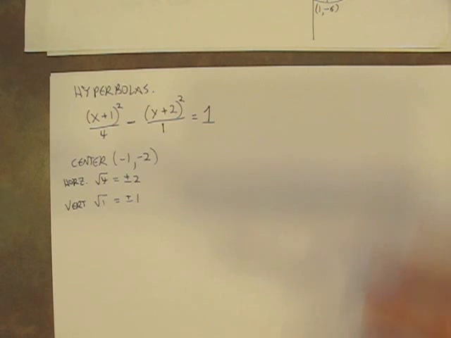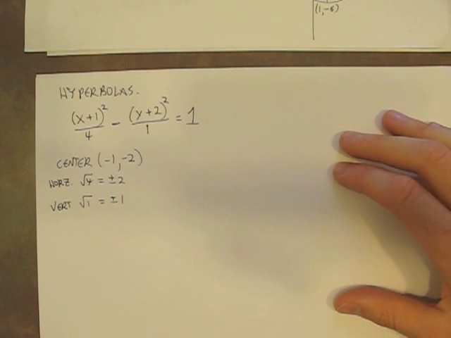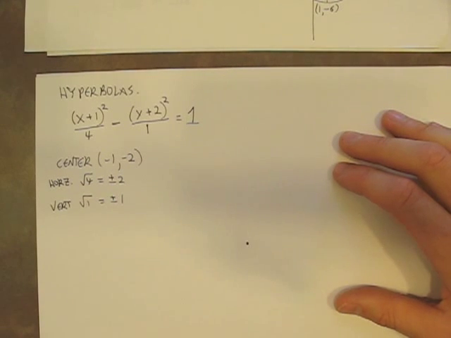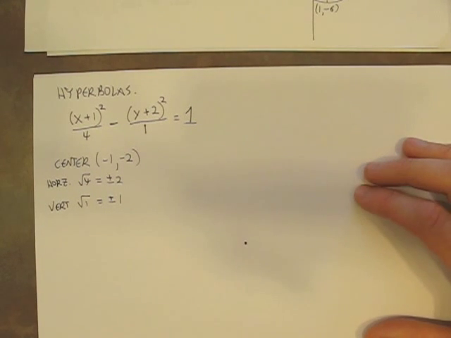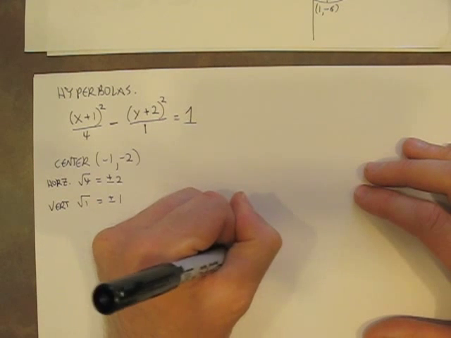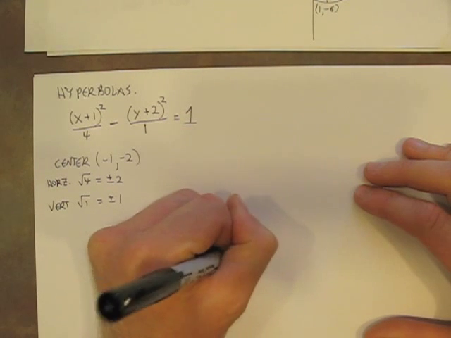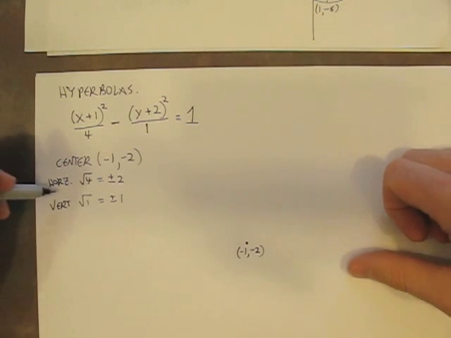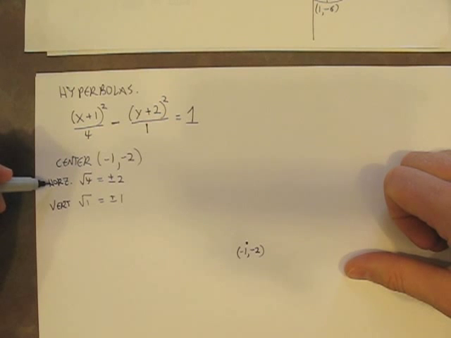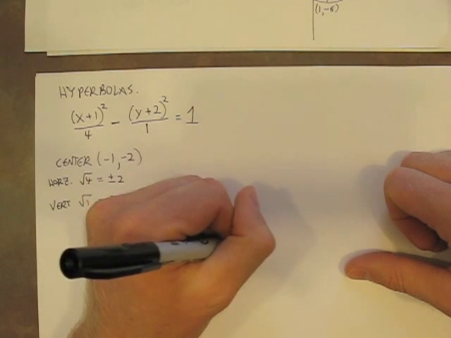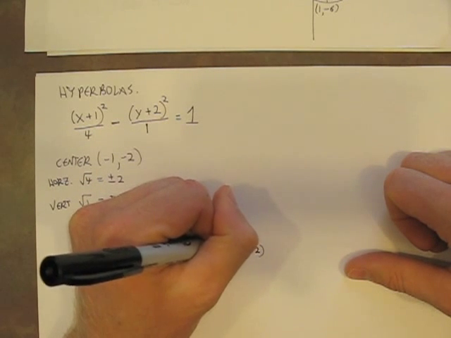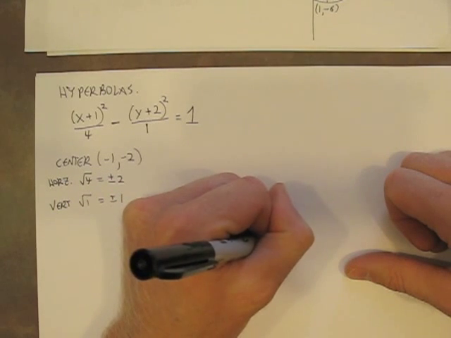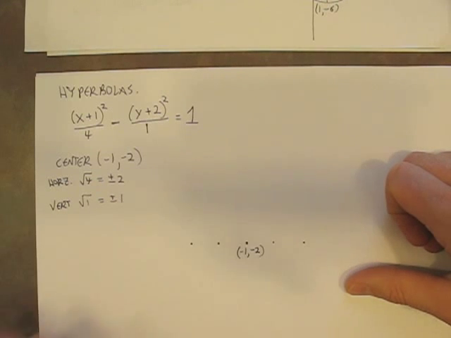Okay, so what we're going to do is first off we're going to just make our center right there, and so our center is going to be -1, -2. Now my box is going to go horizontally plus or minus 2. So let's go out here. That's 1, that's 2, that's 1, that's 2.